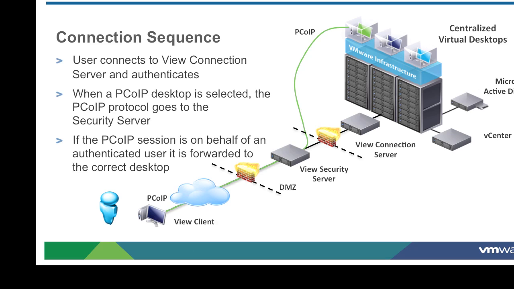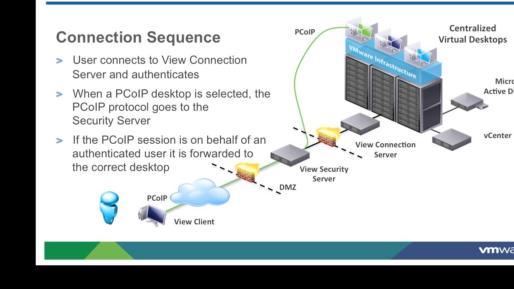So what we see when there is a DMZ in place and the user is accessing the environment over the internet is that the security server is able to act as a secure gateway for PC over IP. This is new for View 4.6.